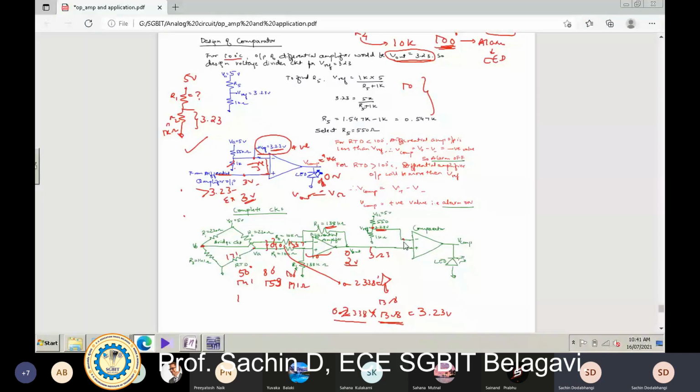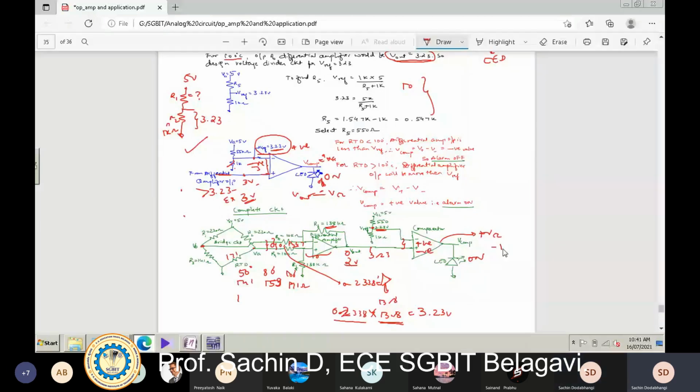If the difference is a positive value, the output will be plus VCC, so the LED will be on. If the difference is negative, the output will be minus VCC, a negative output voltage, so the LED will be off. This is what we need to design.